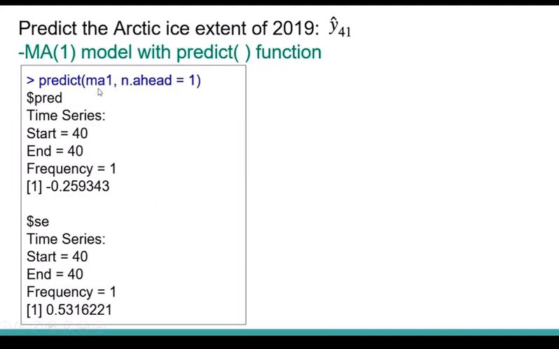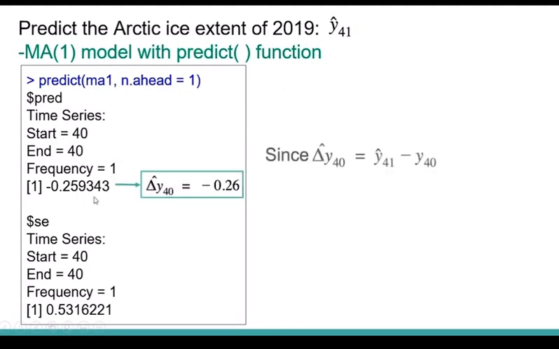Because I want to make a one-step-ahead prediction for 2019, I write predict MA1 with n ahead equal to 1. Then you can see what comes out of the prediction is going to be delta Y40.